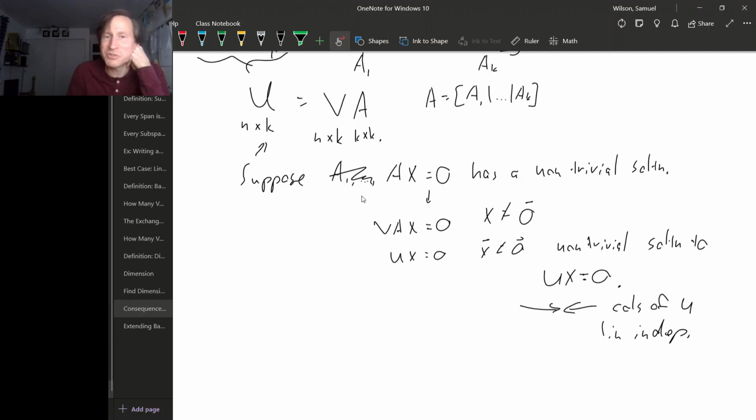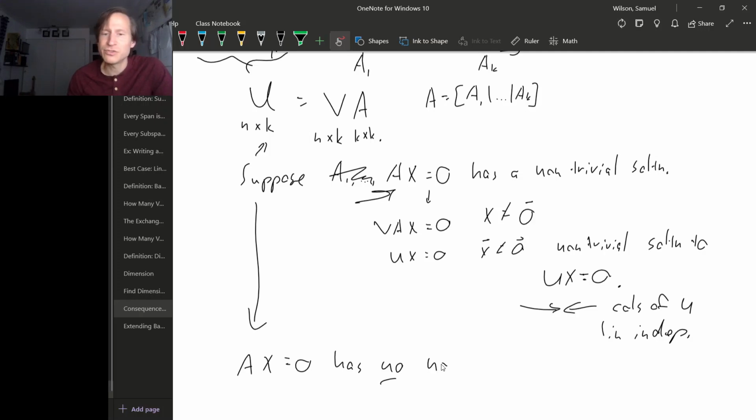So we made an assumption. We said, suppose we have a non-trivial solution here. We derived a contradiction, and that means that this assumption must be false. So what this tells us is that A times x equals 0 has no non-trivial solutions.